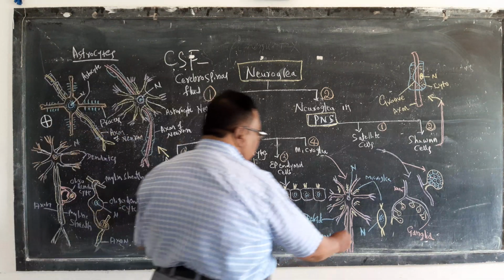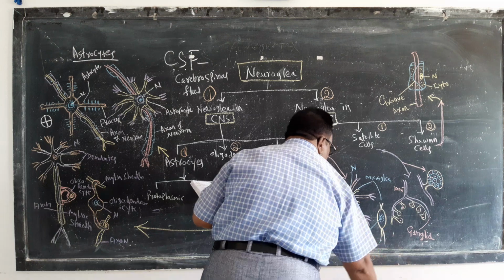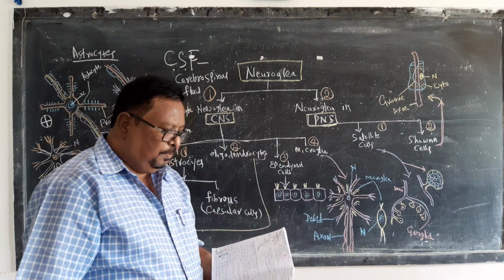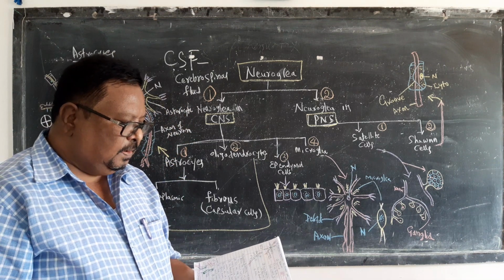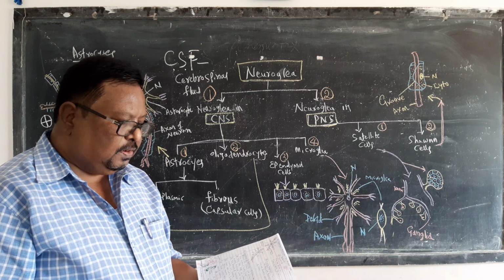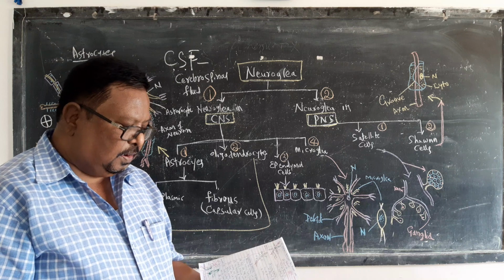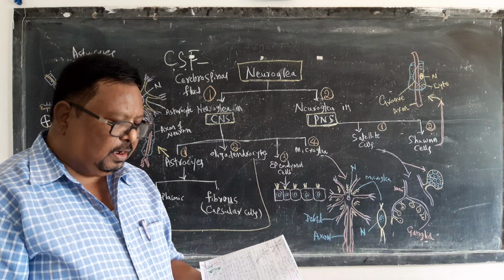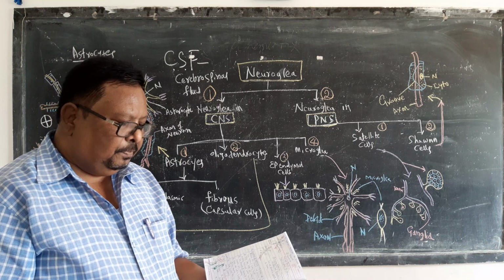These thorny processes are present at the anterior and the posterior side of the microglia. They are found in the central nervous system with mesodermal origin. They originate from the mesodermal layer of the fetus.